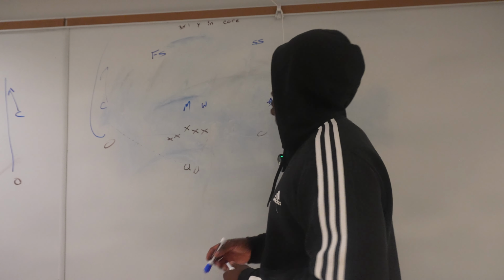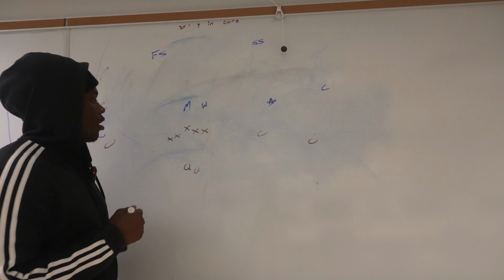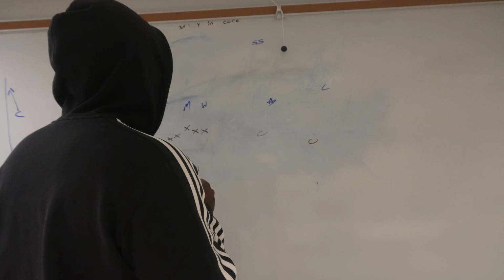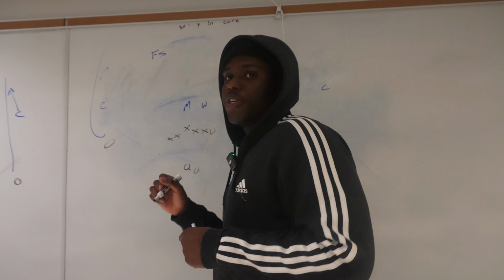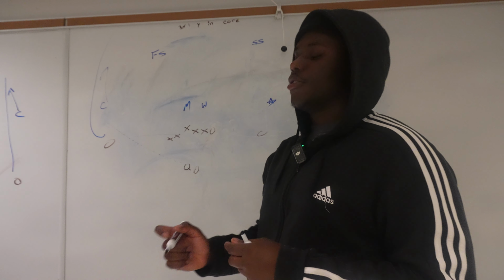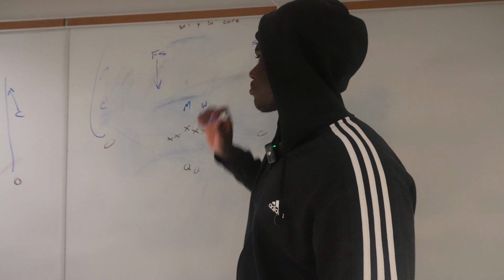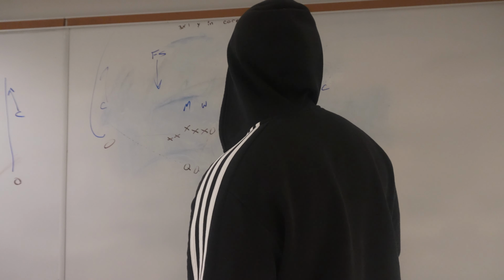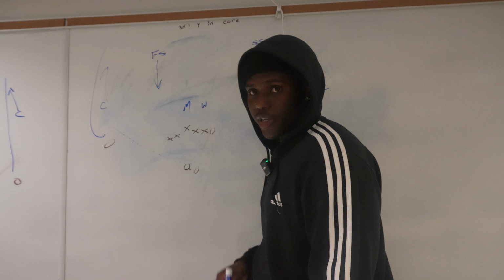Okay, so like I said, we're going over 3x1, Y in the core right now. I'm going to have the YB on the ball, but we're still going to be showing the rip rotation. Rip rotation, this safety coming down. Now let's go back to what we said.